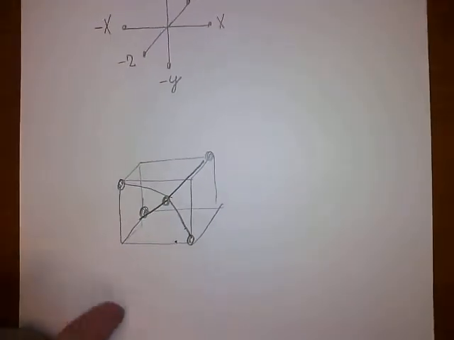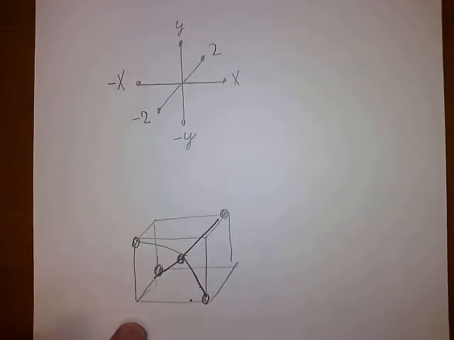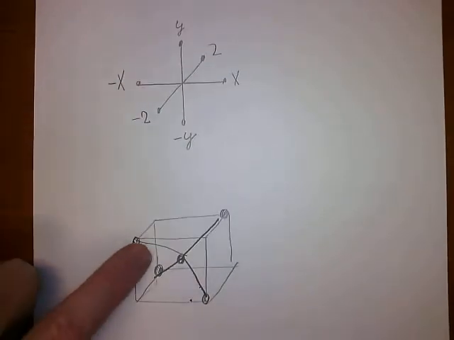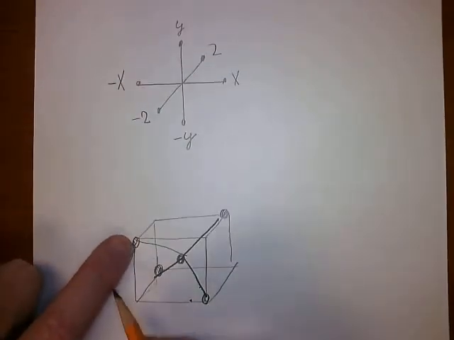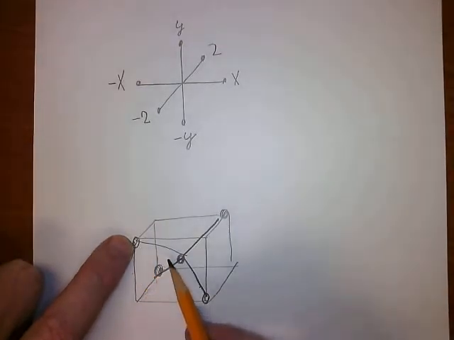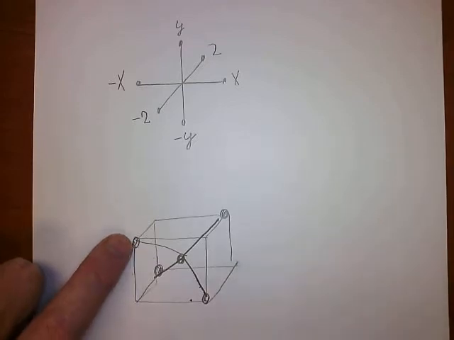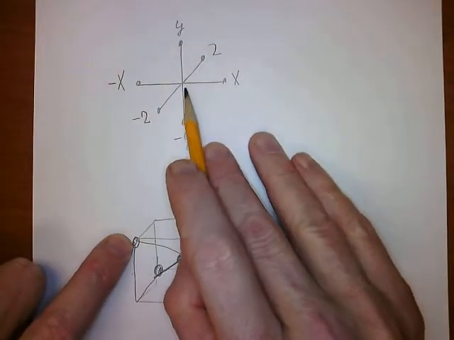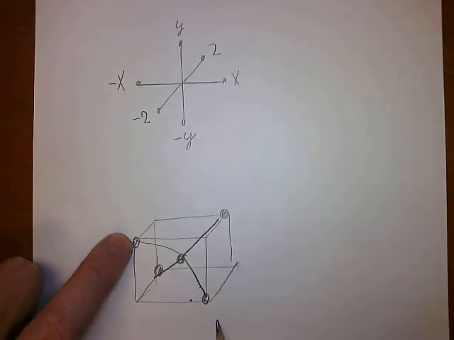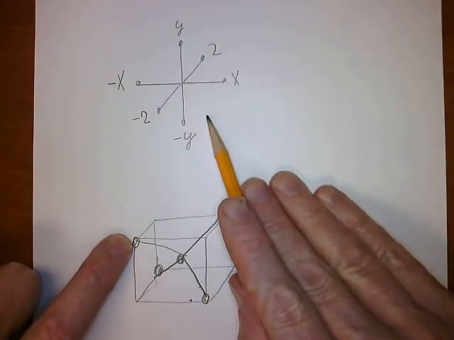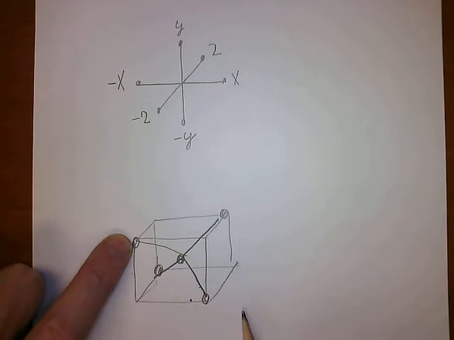Now every point does not have an opposite through the center. If this point were going to have an opposite through the center, it would come down and there'd be another atom or ligand here, and we don't have that here. So this has a center of symmetry, this does not. One more time, an octahedron has a center of symmetry, a tetrahedron does not.